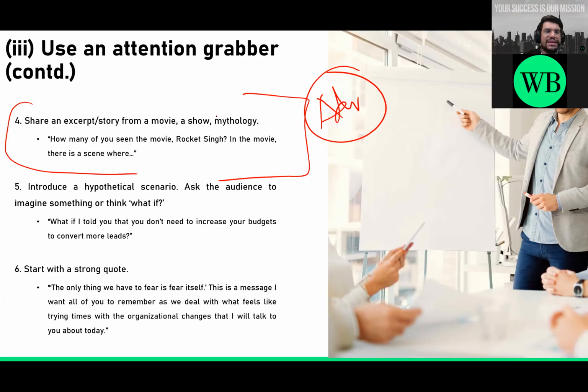Now, the fifth one is to introduce a hypothetical scenario. Ask the audience to imagine something, or think, what if. Here again, I can take that same bank example and tell you how you can do the hypothetical situation. You can say, imagine a situation. This is how you could start, by the way.